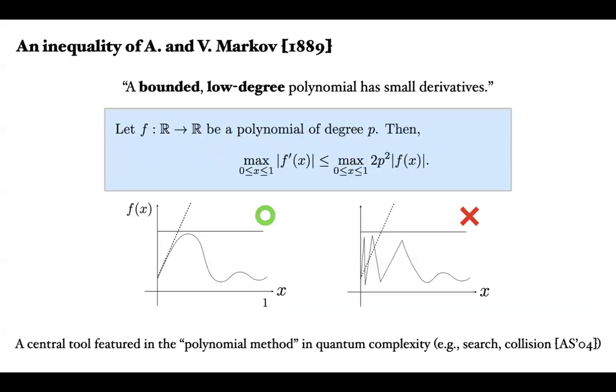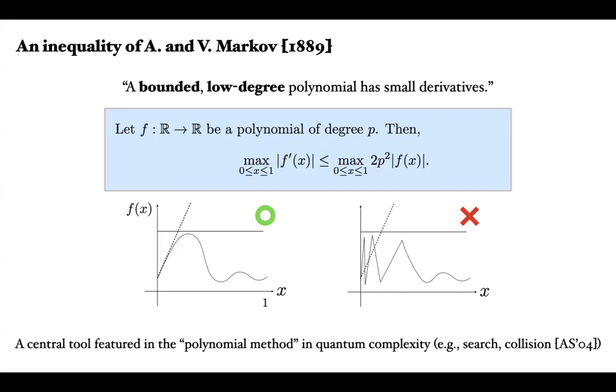How does this work? One of the key ideas is a very, very simple basic inequality by Markov. It tells us that a bounded low degree polynomial must have a small derivative.